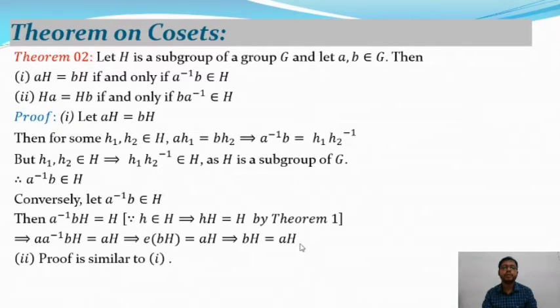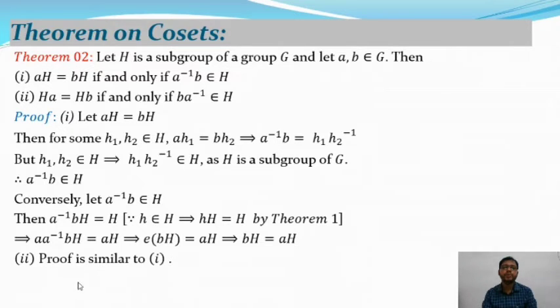Hence the proof of the sufficient part of theorem 2. So aH is equal to bH if a inverse b belongs to H. Hence the proof of the second theorem of coset.